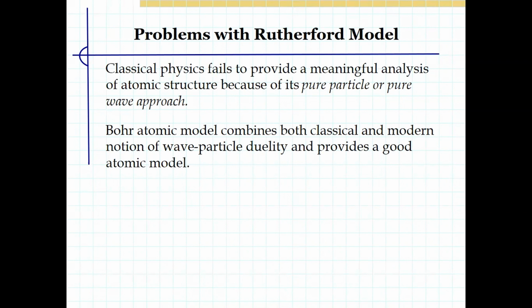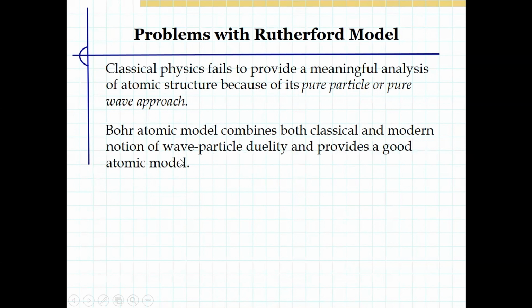And the Bohr's atomic model combines both the classical and the modern thoughts and the ideas that the waves and the particles ideology can coexist. The wave and particle duality can exist. A particle can be wave, a wave can be particle. And such an explanation will provide a good atomic model.